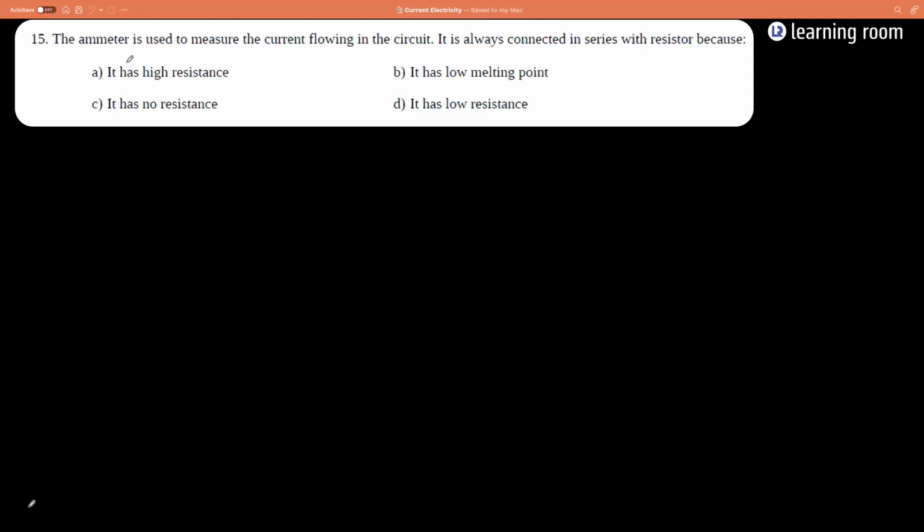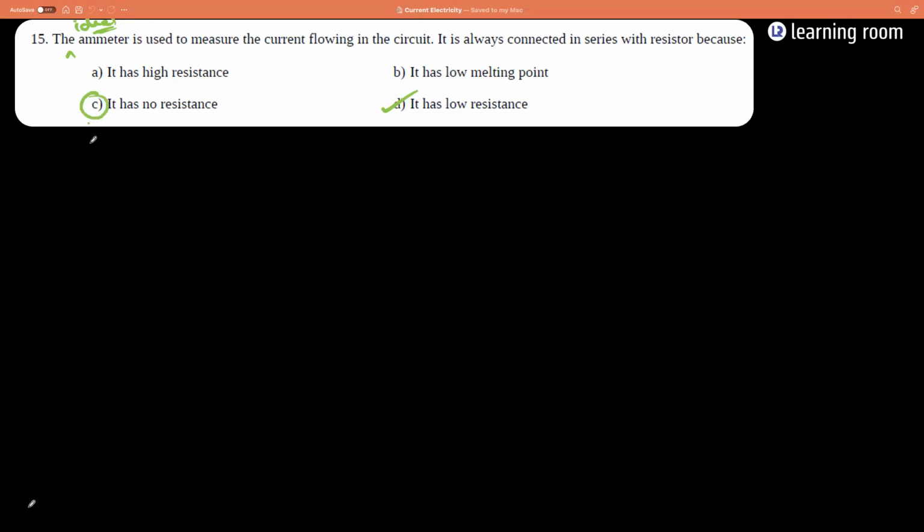The ammeter is used to measure the current flowing in the circuit. It is always connected in series with the resistor because it has low resistance. Low or no? Low resistance. So had they mentioned it as an ideal ammeter, then what will you say? No resistance.